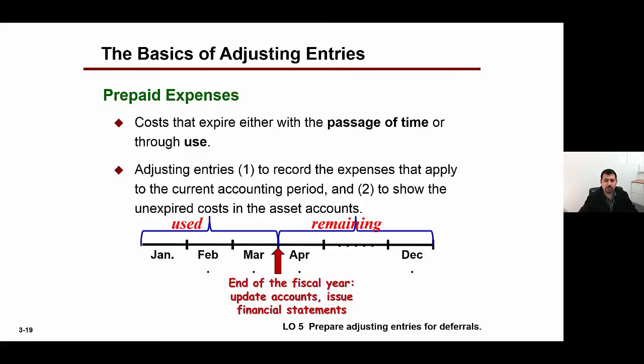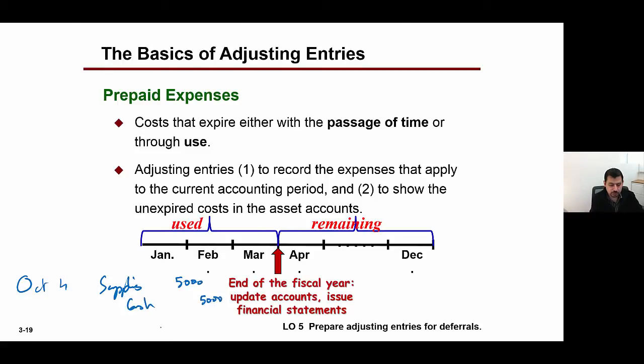Basically, let's say that we buy an amount of $5,000 worth of supplies. For the original entry, let's say that we bought them with cash. So on, let's say, October 4th, we debited supplies 5,000, we credited cash 5,000.